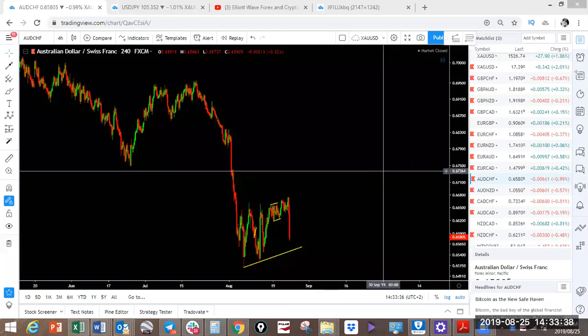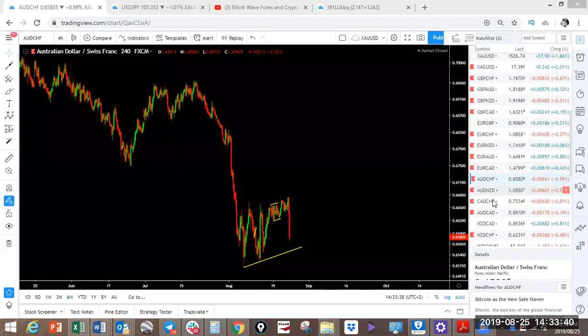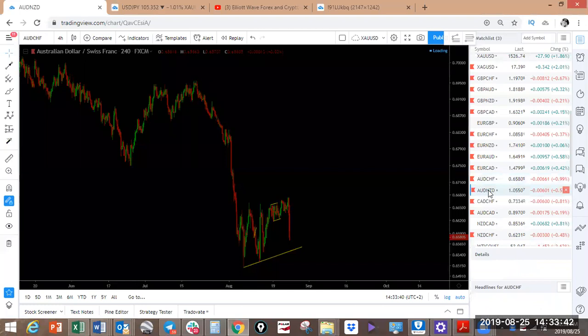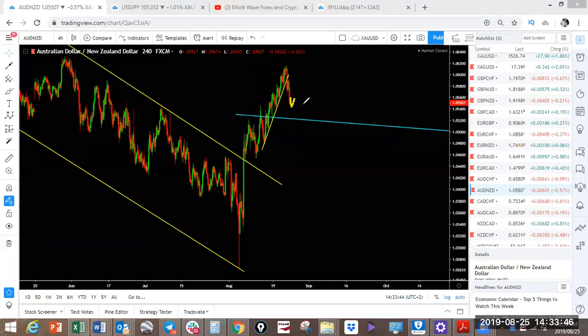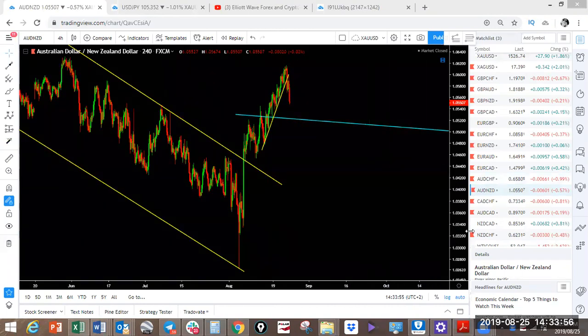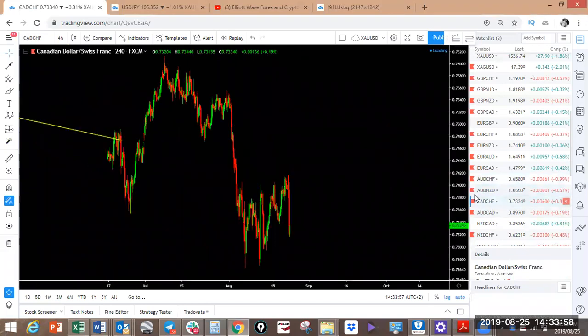Looking for that trade to continue lower. That is AUDJPY. AUD New Zealand. So here, you need to get a deeper corrective structure and then push higher. Let's see how this plays out. That is AUD New Zealand.